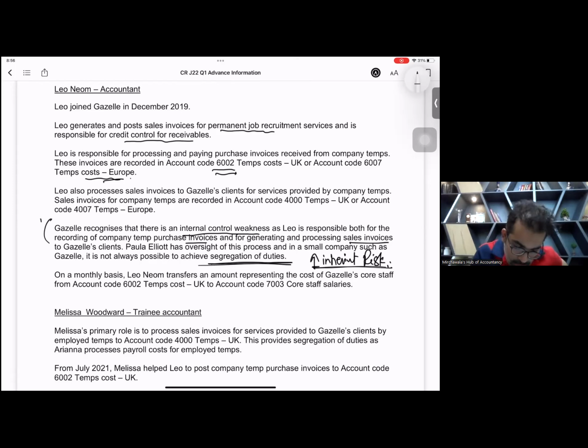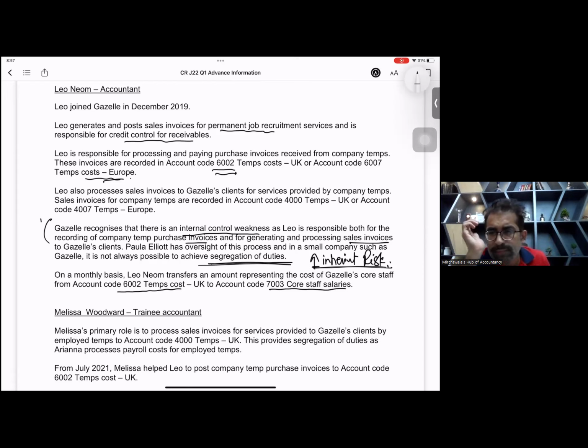On a monthly basis, Leo transfers an amount representing the cost of Gazelle's core staff from account code 6002 temp cost. Now what is the risk here?